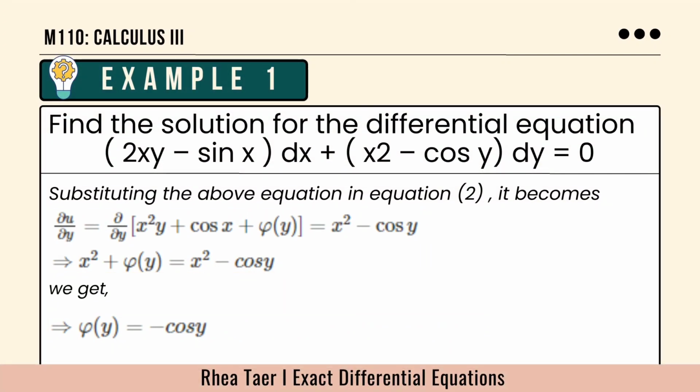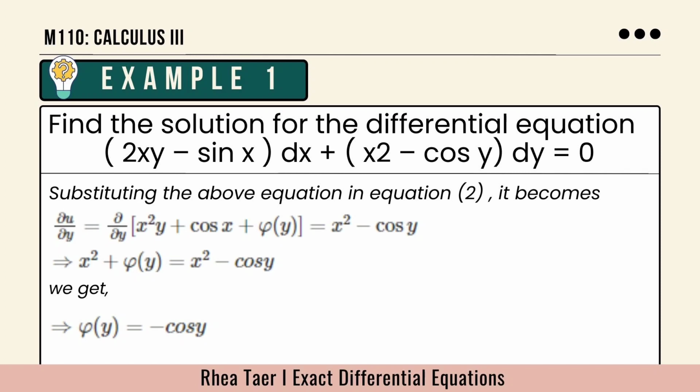Substituting the above equation in equation 2, it becomes ∂u/∂y equal ∂/∂y of (x squared y plus cosine x plus φ(y)) equals x squared minus cosine y, which is our equation 2.